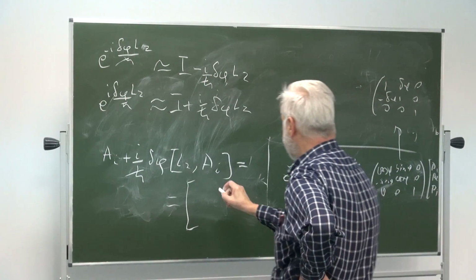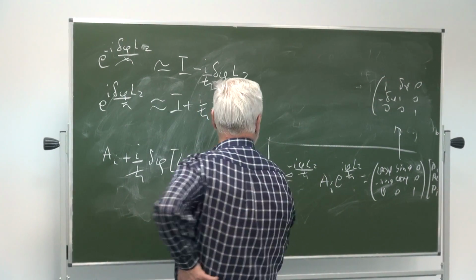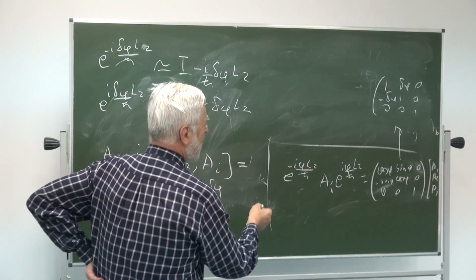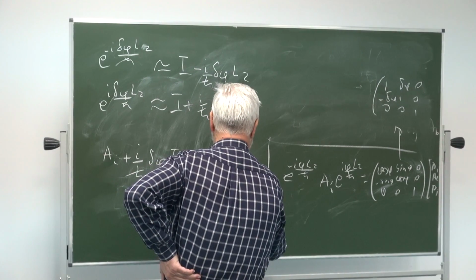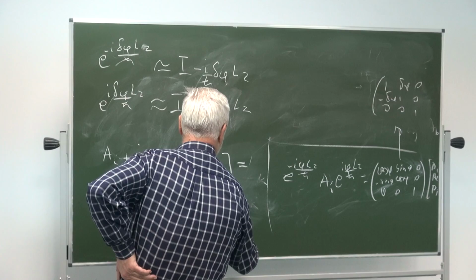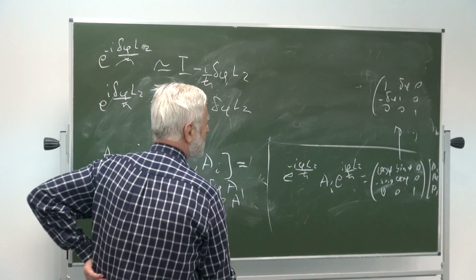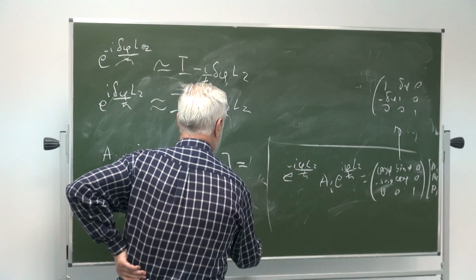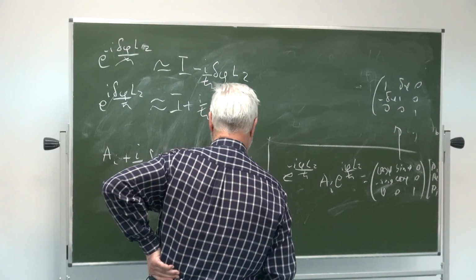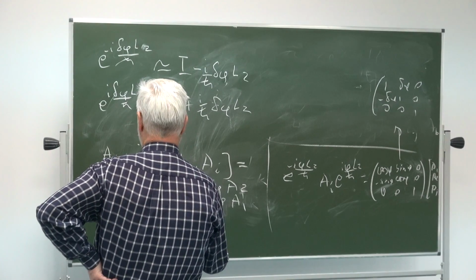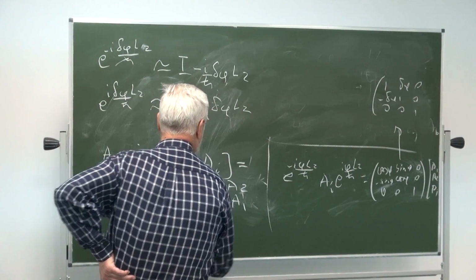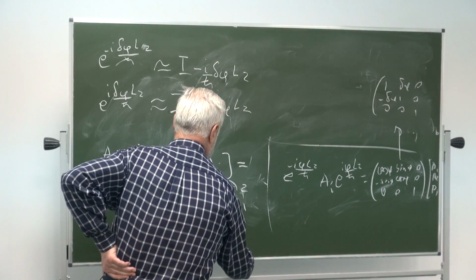First will be A1 plus delta phi times A2. Second will be A2 minus delta phi times A1. And here I will get A3.